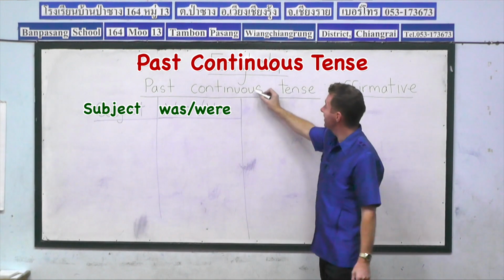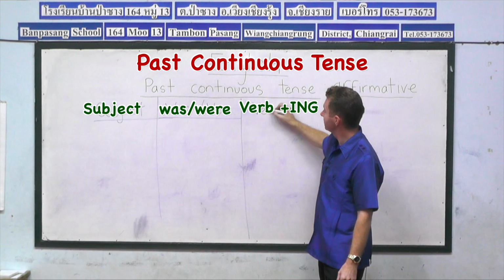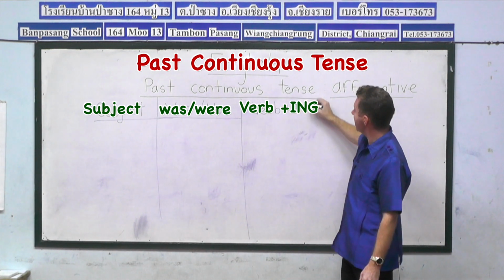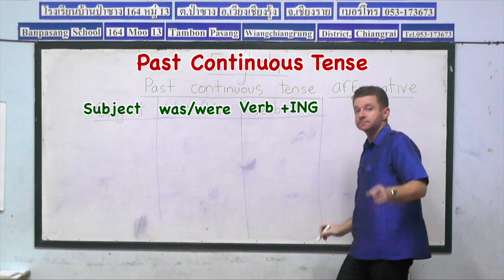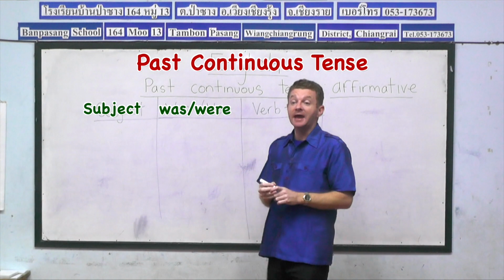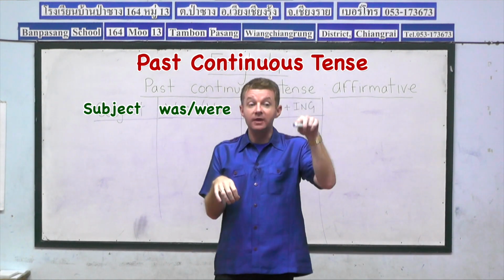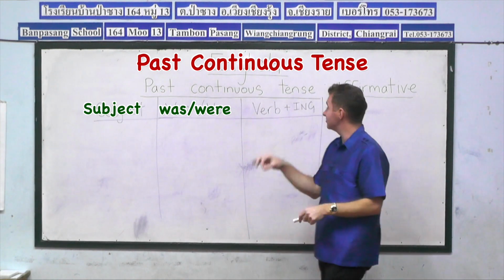Yes, remember, the continuous tense means we have the verb, and then with the verb words, we add the letters ing. And remember, guys, if the verb word ends with the letter E, what do we do with letter E before? We delete letter E before we add ing, yes.